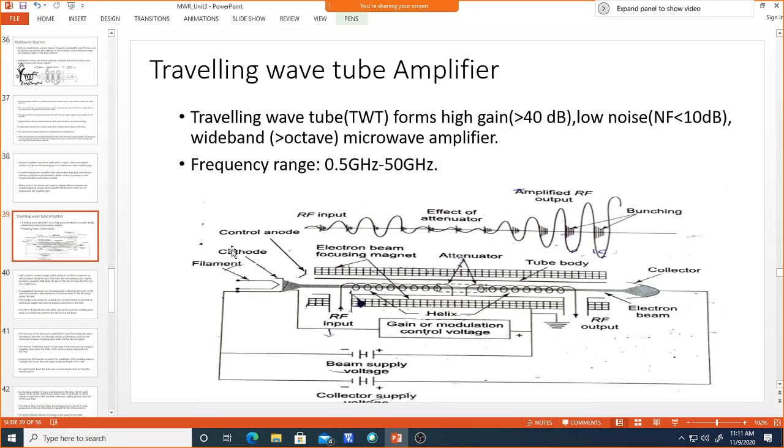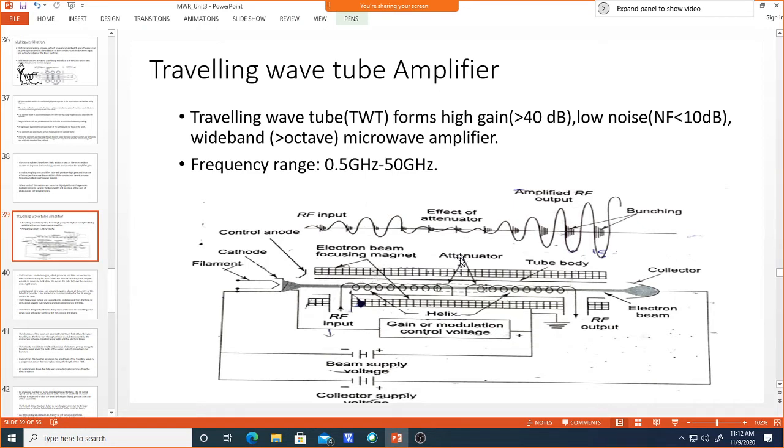The cathode, as I said, generates the electron beam. The electron focusing magnet ensures the electrons do not spread or debunch; it takes the electron beam and focuses it onto the collector.